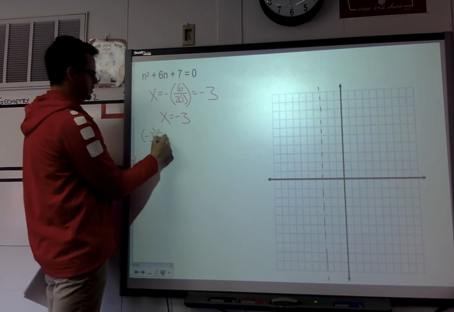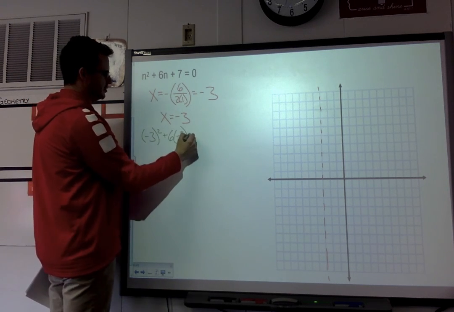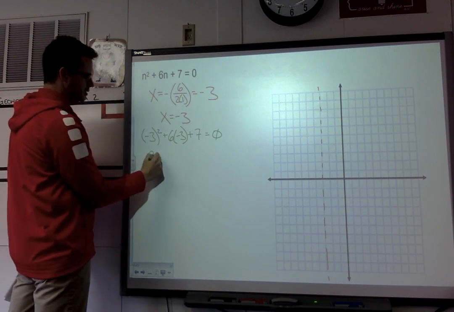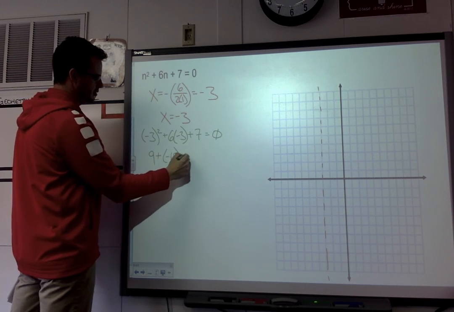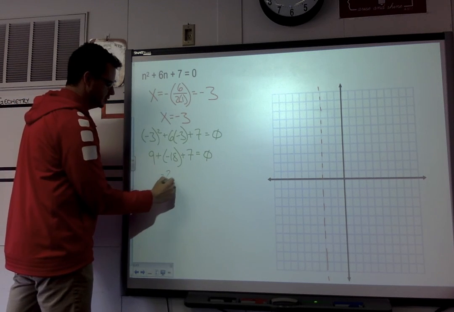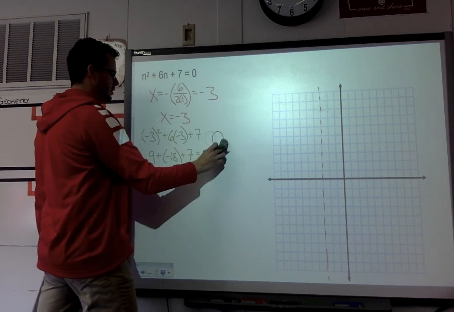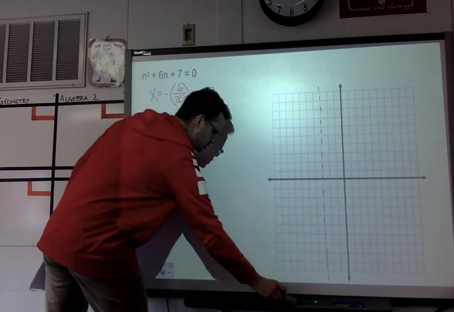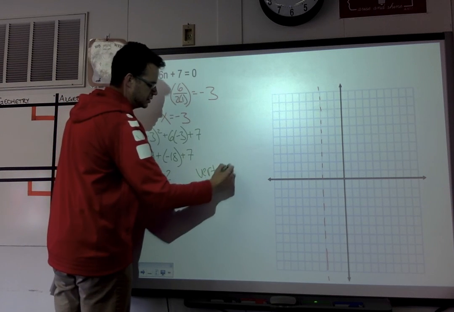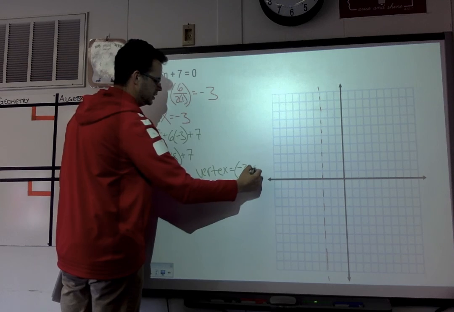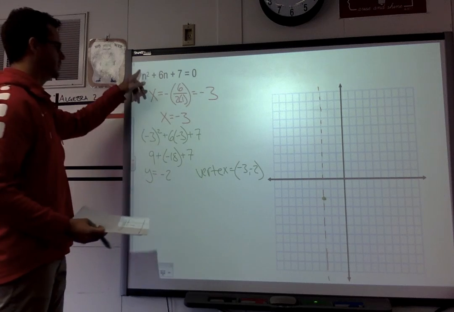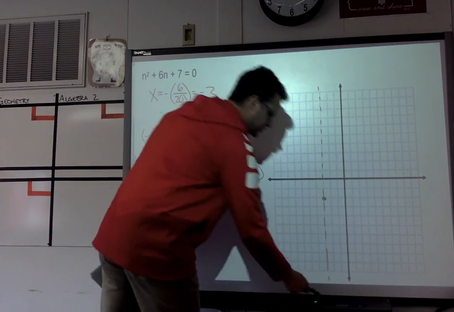So -3 squared plus 6 times -3 plus 7, 9 plus -18 plus 7, gives us -9 plus 7, which is -2. Oops, sorry. We're not actually setting these equal to 0. We're finding that y value. So our vertex here will be at -3, -2. We know that it's going to open up, so we are going to have real solutions here.